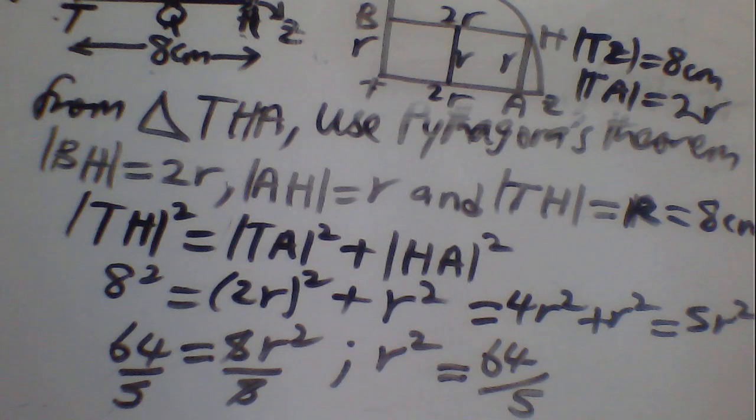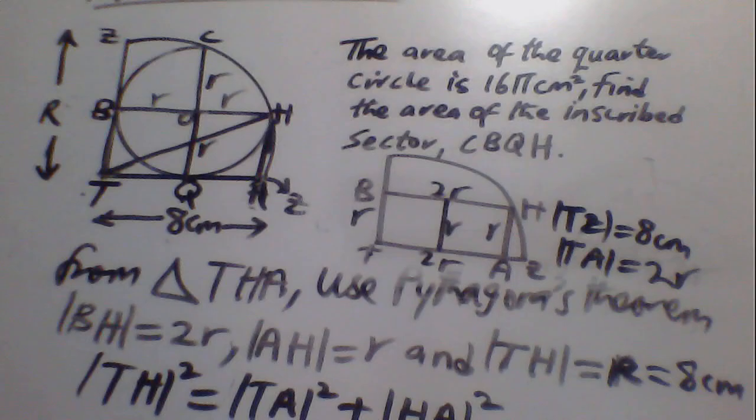Now that we have gotten the value of r, we can now solve the required equation. We have gotten the value of the square of r. We got that r squared is equal to 64 divided by 5.